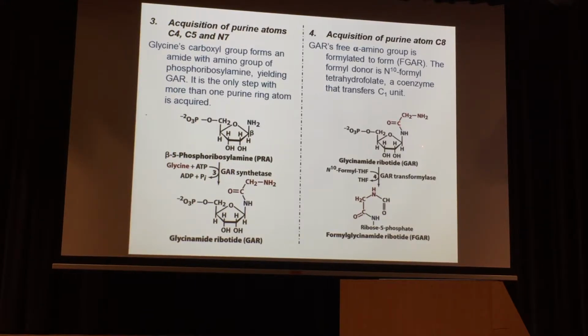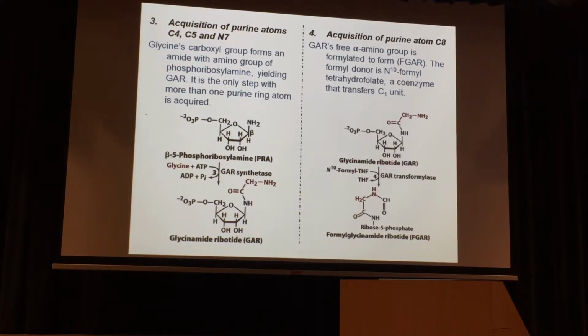The last atom is a C, and we saw in the structure that the C is donated by N10-formyl tetrahydrofolate, which is a formyl group, a COH group. We always add on to either the carboxylic group or the amino group. It's easy, it's reactive. So the free alpha amino group is formylated to form what we call FGAR.